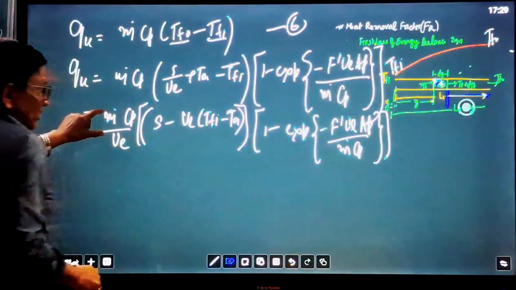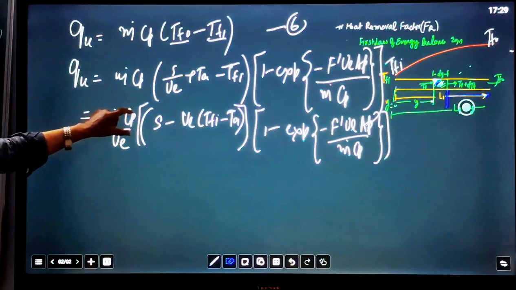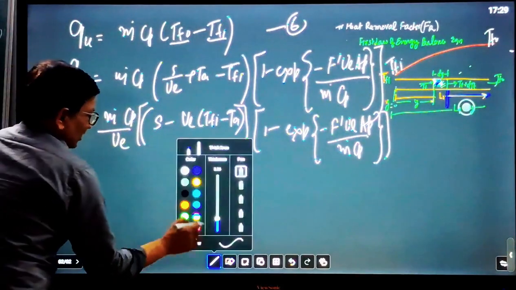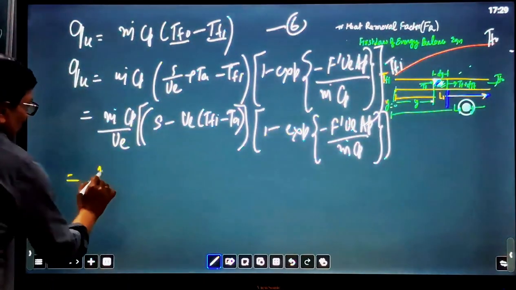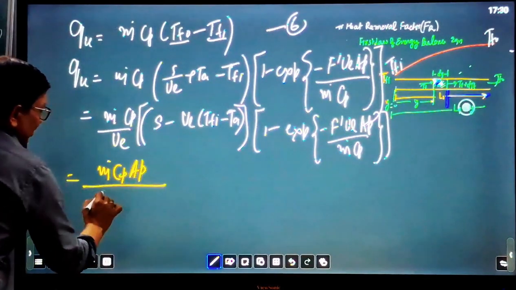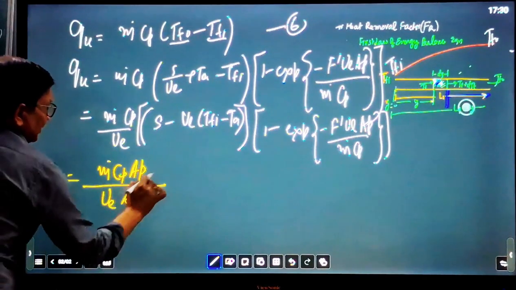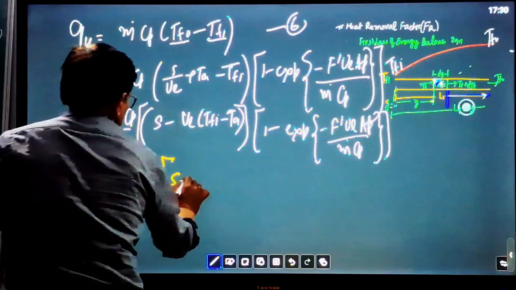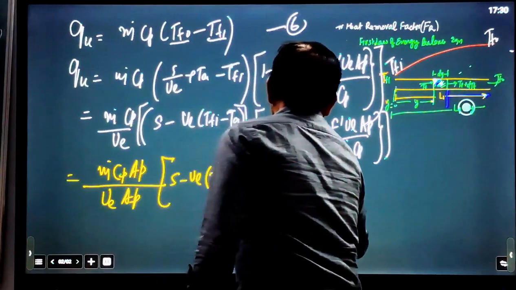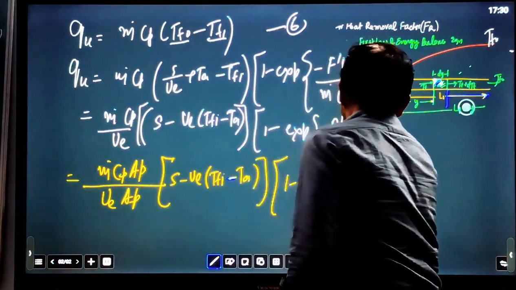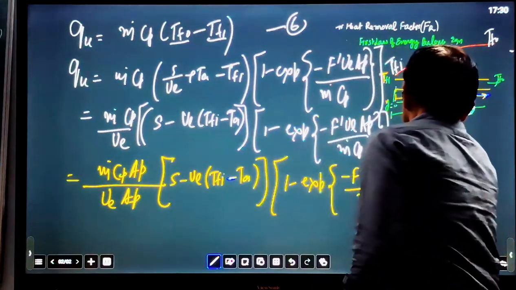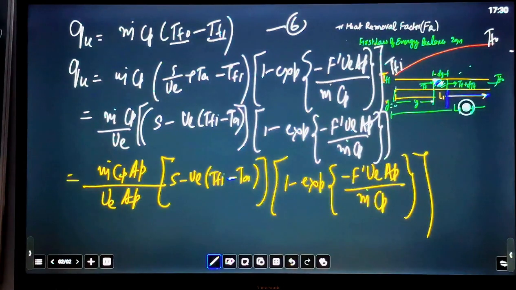In this equation, multiplying by AP in numerator and denominator, it becomes m dot Cp upon UL AP, and in bracket S minus UL, TFI minus TA, times 1 minus exponential minus F dash UL AP upon m dot Cp, bracket close. So this is the final equation.